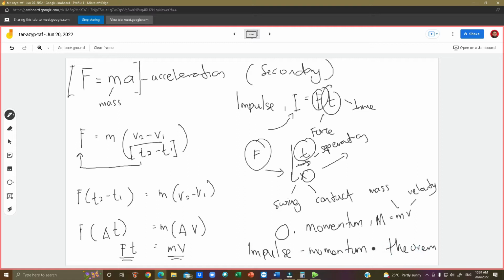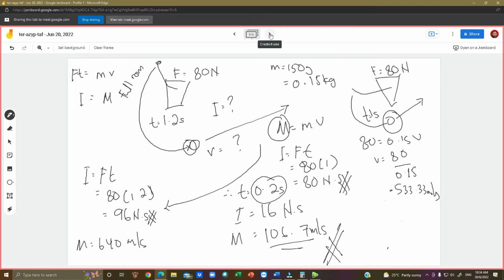Okay, a theory which relate impulse and momentum. So at the end of the day, we have impulse is equals to momentum. Means if we give more impulse, we get more momentum and vice versa. Okay, contoh penggunaan lain.